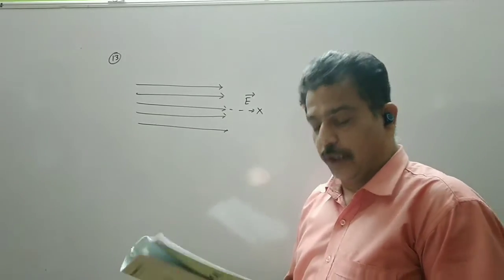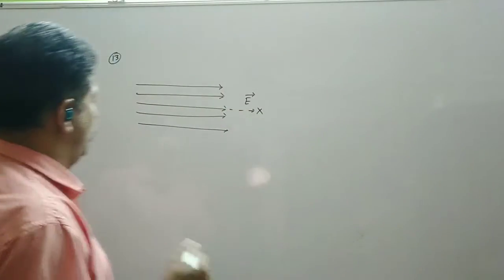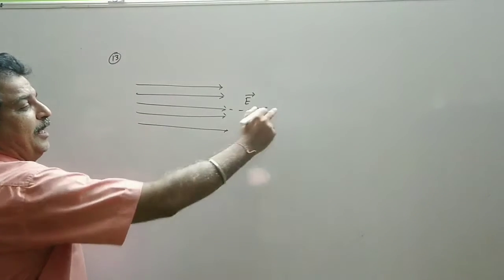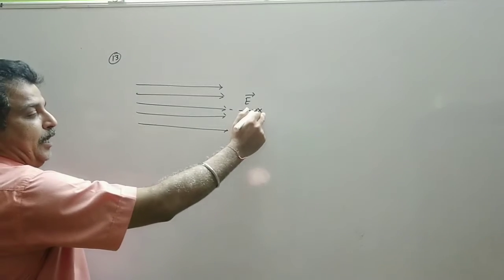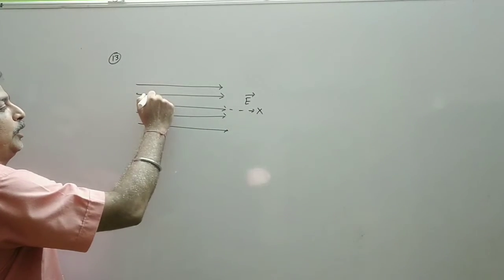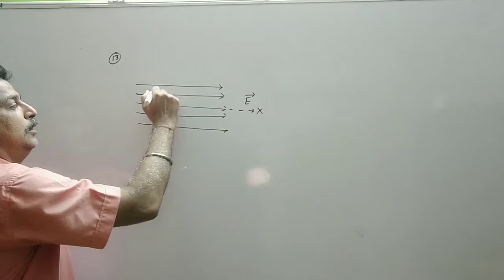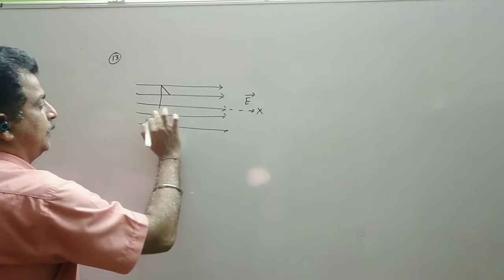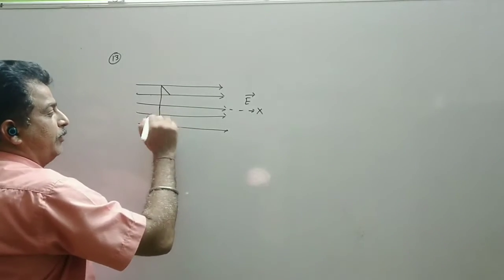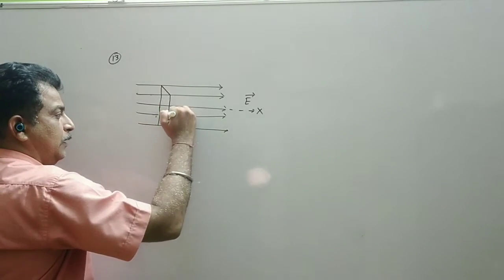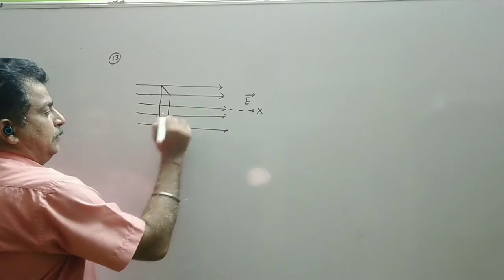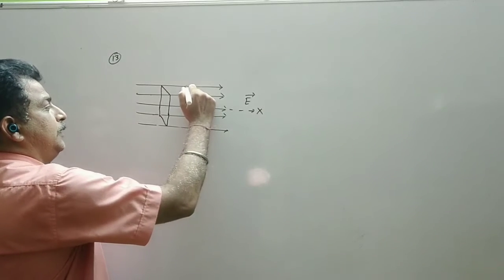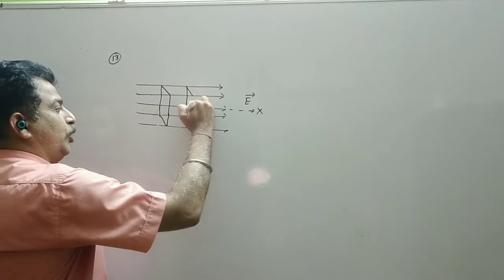Now the first option is all points are at the same potential. So now let us consider two equipotential surfaces. We know if the field is along the x-axis, then the equipotential surface is along the yz plane. So let us say this is an equipotential surface, this is another equipotential surface.